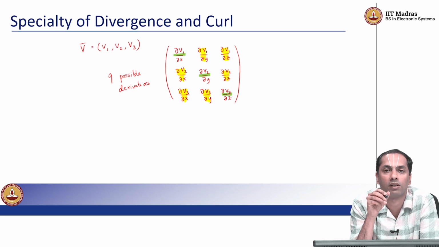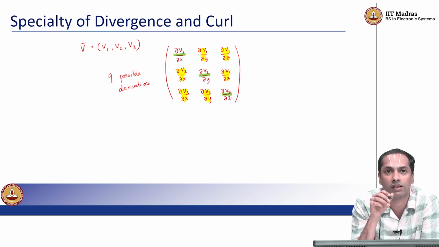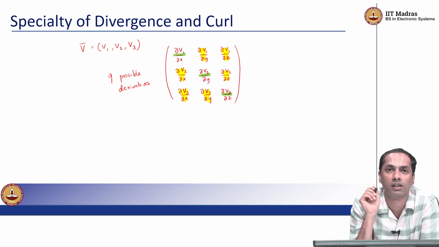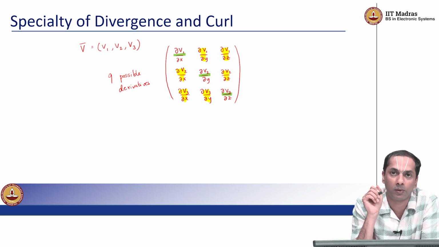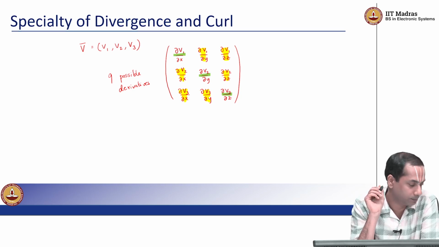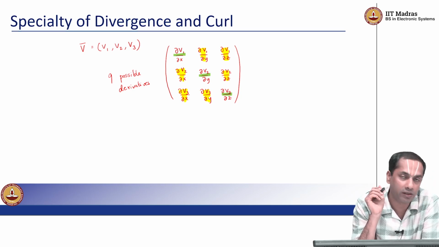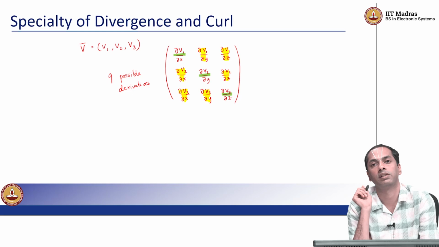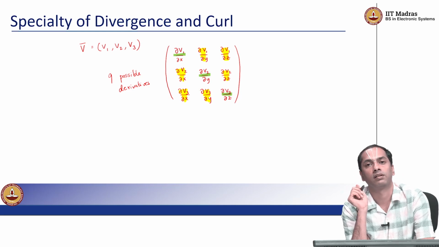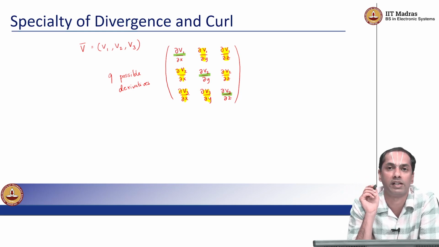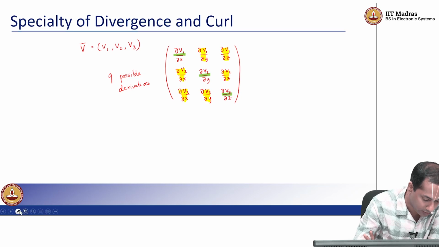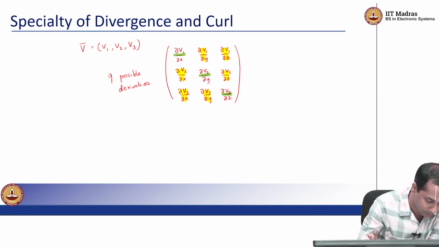I'm calling divergence the sum of these diagonal elements, and then I'm looking at these antisymmetric differences, and I'm calling that a curl. The question is, what is so special about this particular combination of these 9 derivatives? This is an interesting question to ask ourselves.